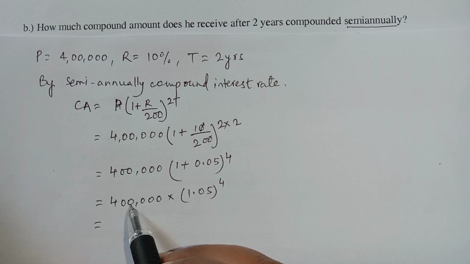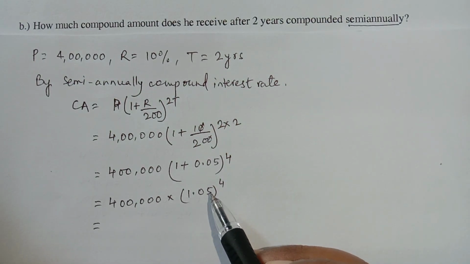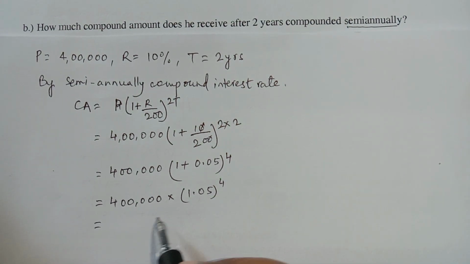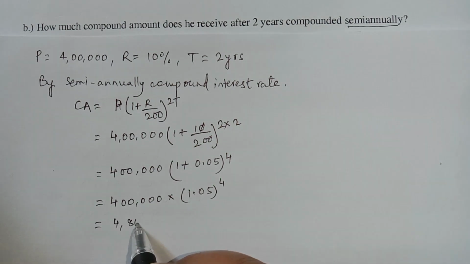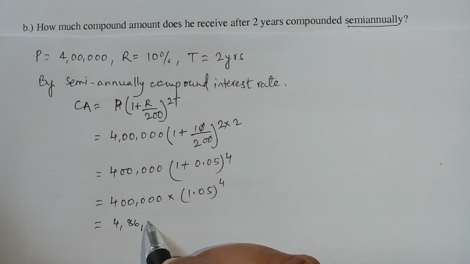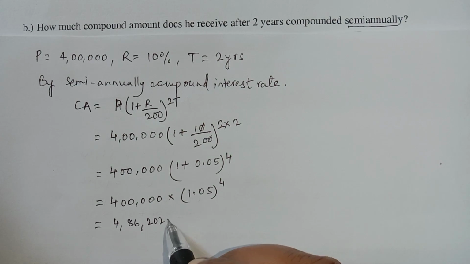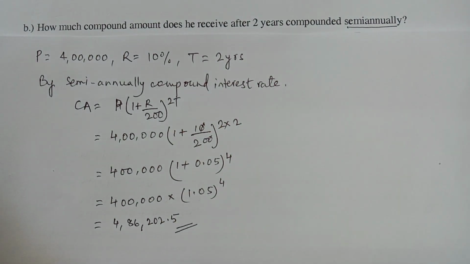And friends, if you calculate this, you are going to get 4,86,202.5, and this is the compound amount by semi-annually compounded interest rate for 2 years.